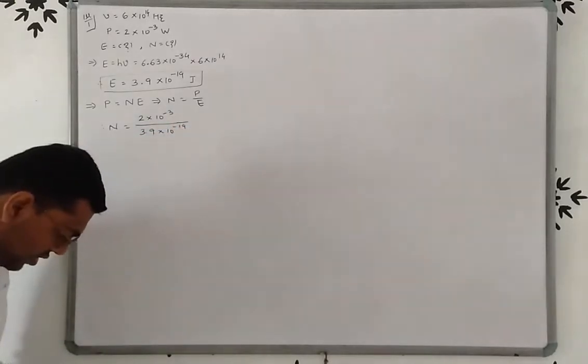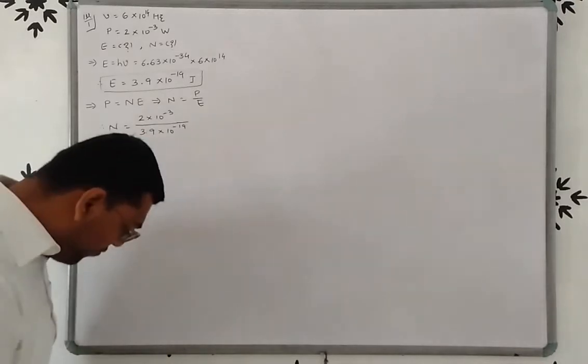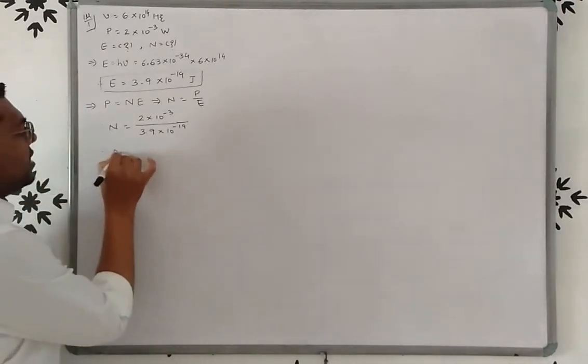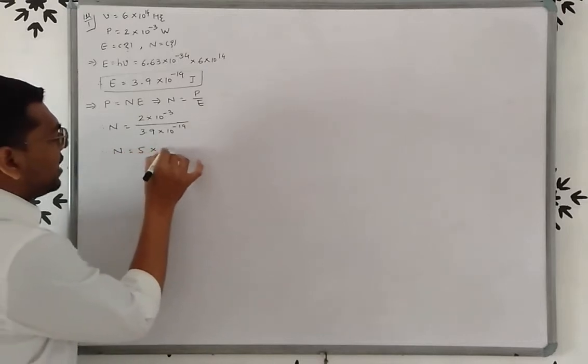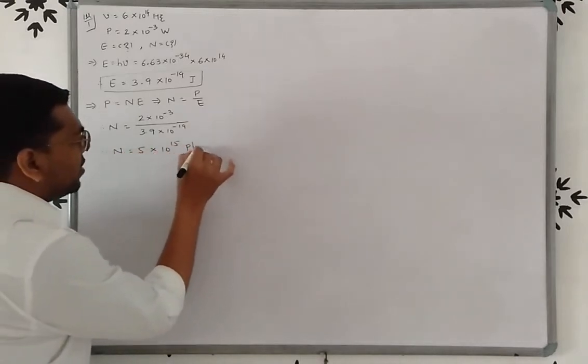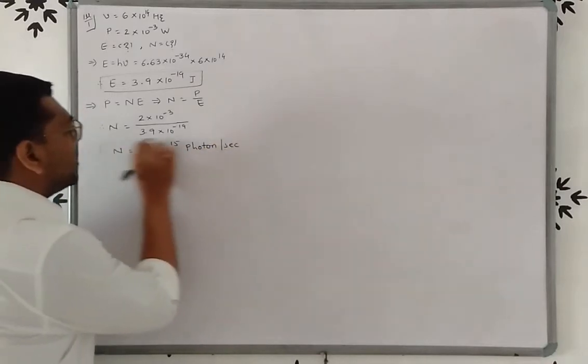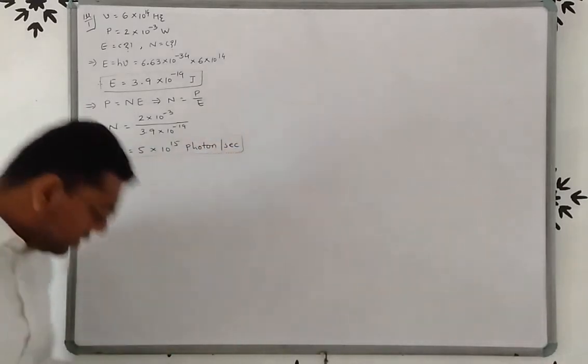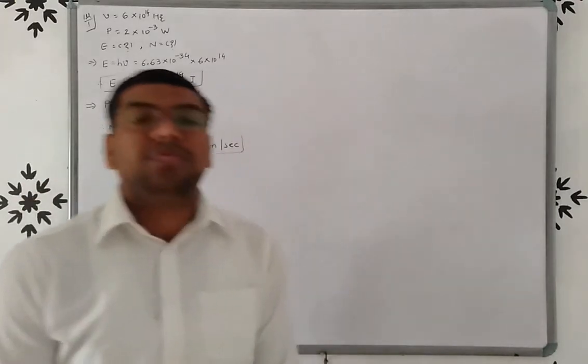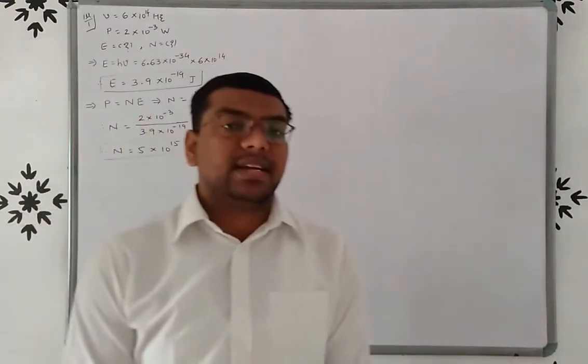So you will get 5 into 10 raised to 15 photons per second, right?